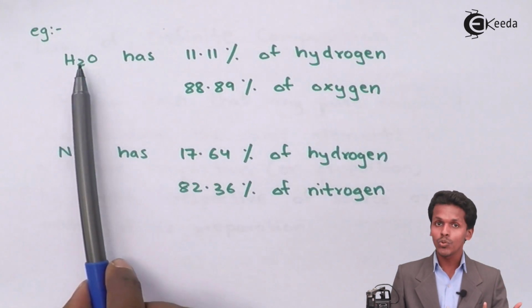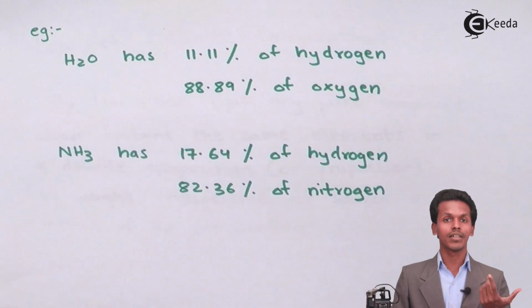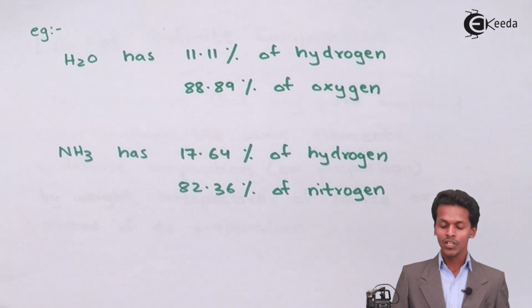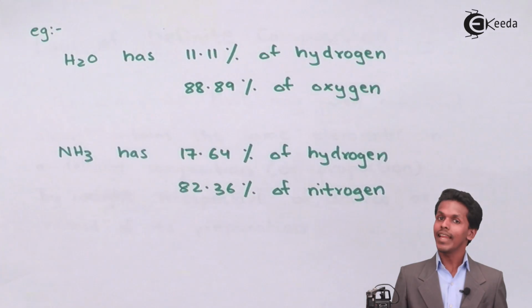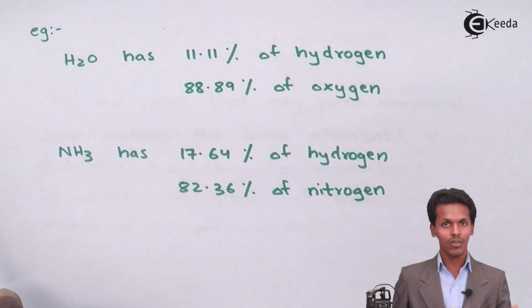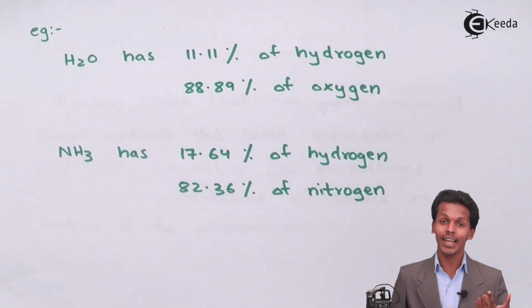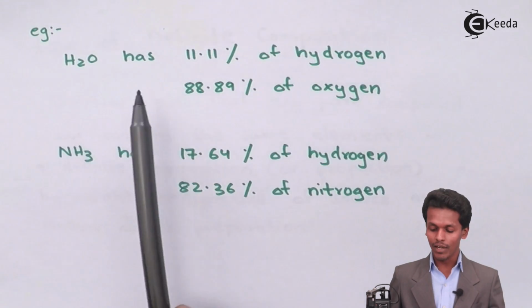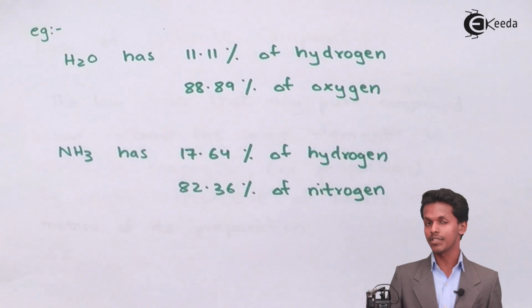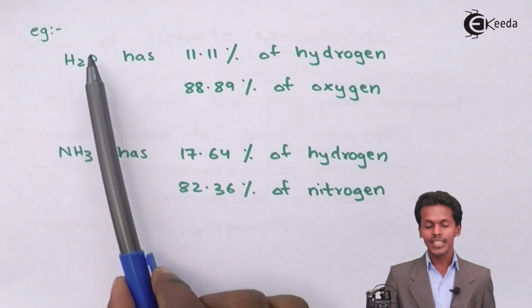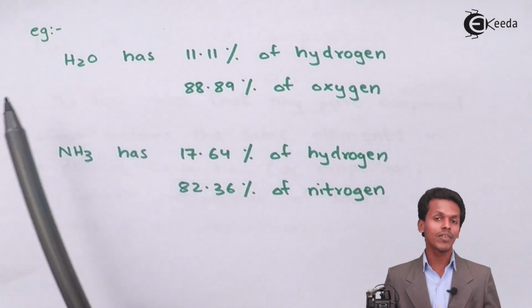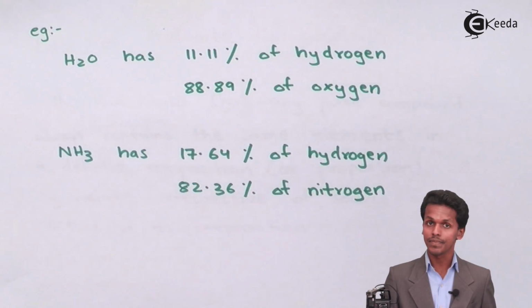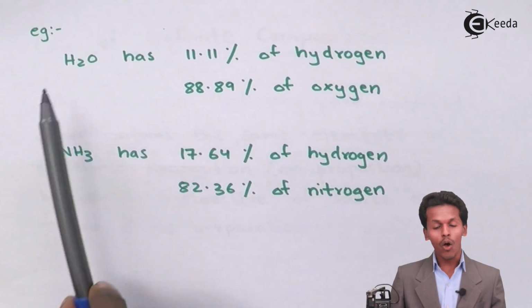There are 2 hydrogen atoms, each with an atomic weight of 1, so 2 divided by 18, the overall mass of 1 mole, gives 11.11 percent. So H2O has 11.11 percent hydrogen, while the rest is oxygen.